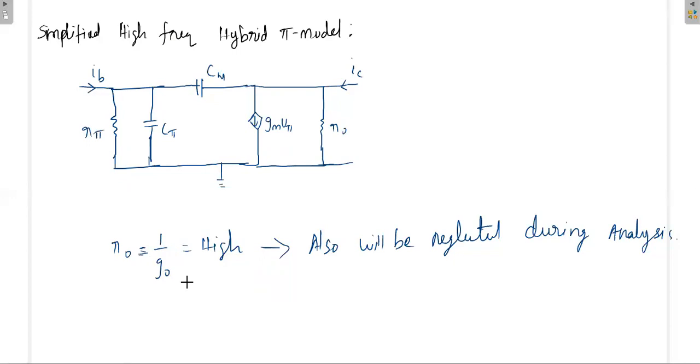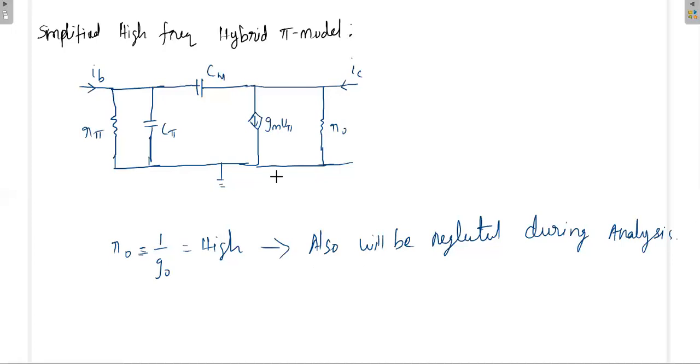If the G naught value is very low, then R naught will be very high, and that also will be neglected when the need arises. Then we'll get the model without R naught. So during the analysis in future, we may neglect R naught also. This is the simplified high frequency hybrid pi model.